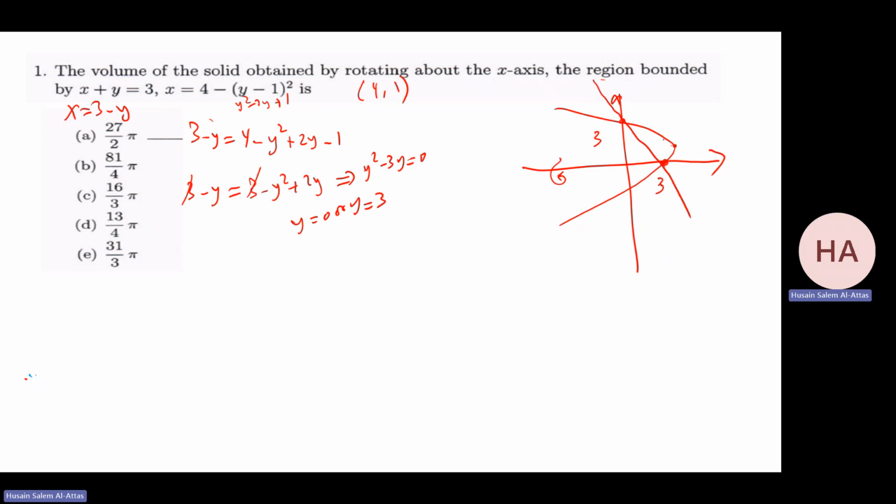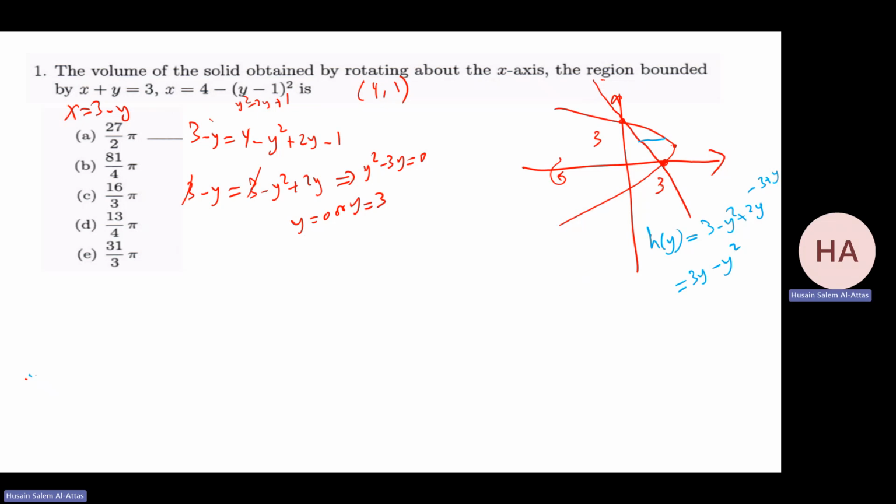So that will be my line. So h of y will be the parabola, which is 3 minus y squared plus 2y minus 3 plus y. In other words, it will be 3y minus y squared.